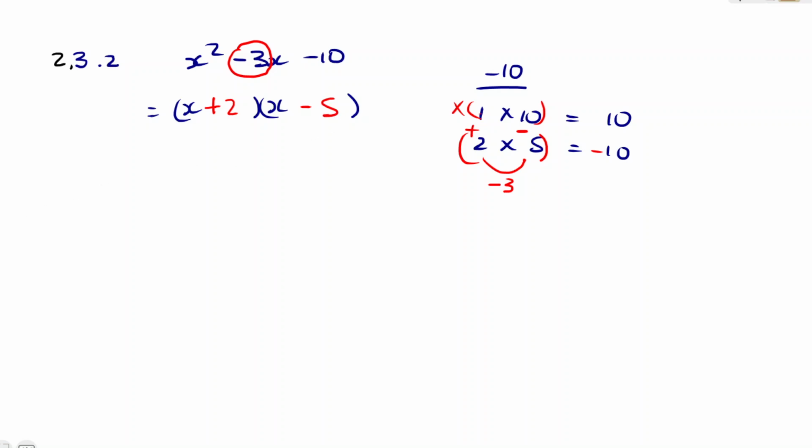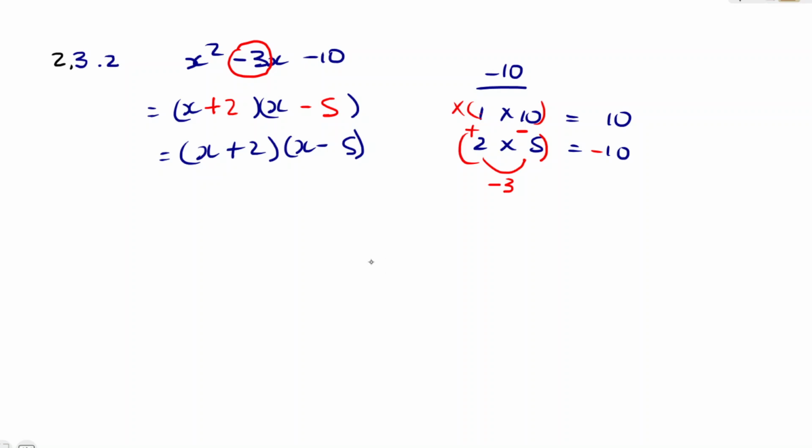So these are the factors for negative 10. Now, this is the final answer: x plus 2 times x minus 5. So this is the factorization of 2.3.2. Now check your answer and compare it with my answer.